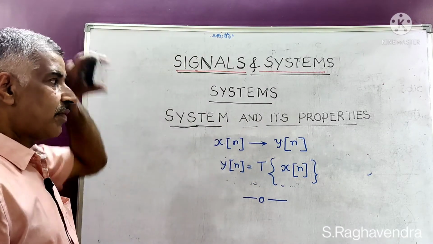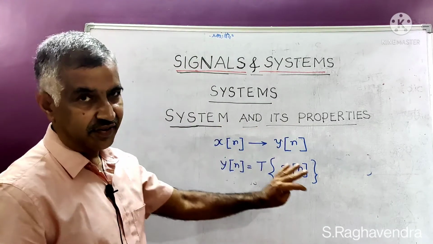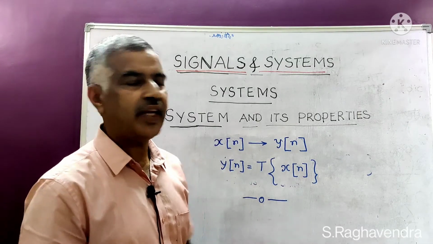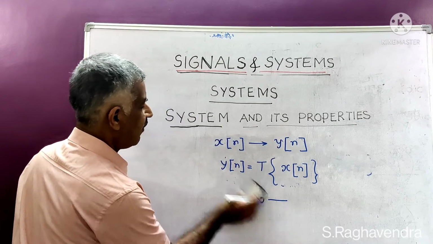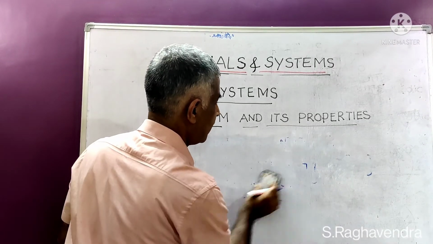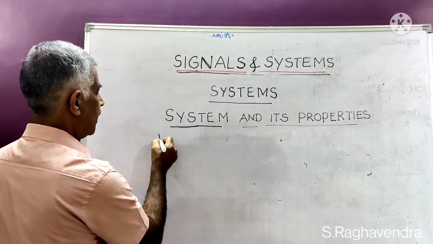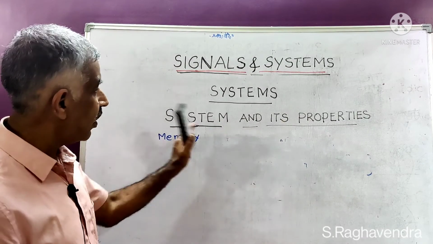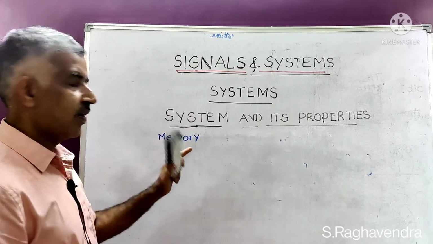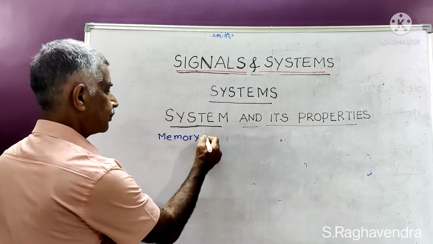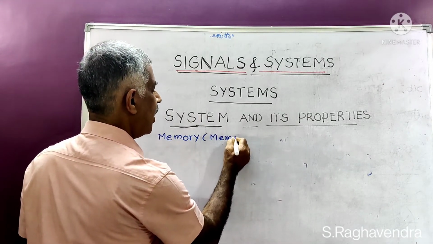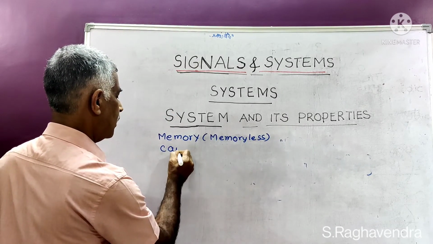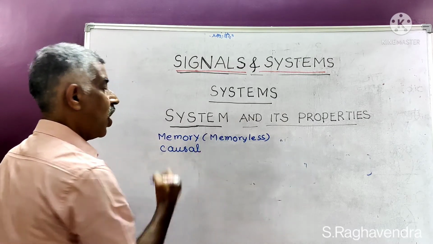Now, having defined what is a system, in the next class I will go through the properties. The properties are very interesting. I will list some of the properties for you to remember. The system may be memory or memoryless. Then causal or non-causal.